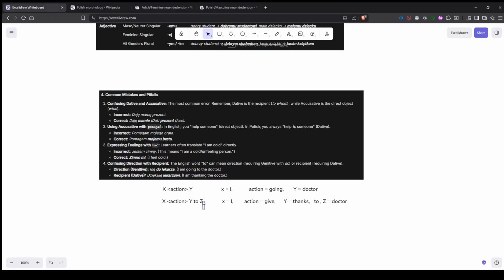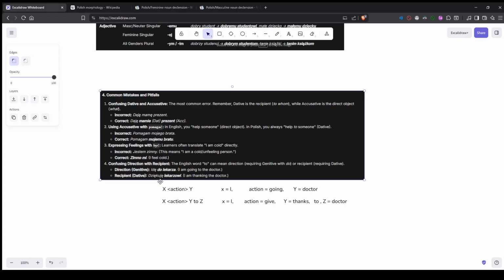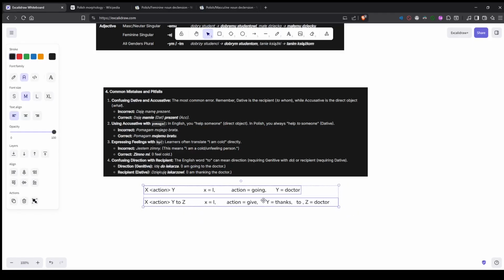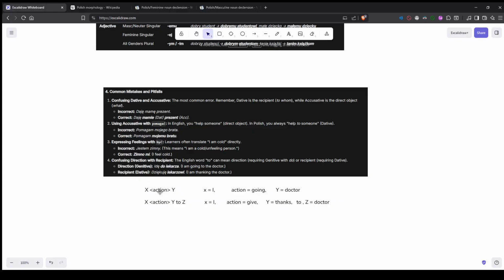That's why in this case it's "lekarzowi," because I am giving thanks to a doctor. But if you're just talking about direction, that you're going somewhere, it does not require a dative, because you're not performing the action for someone, you're not giving anything to anyone. It just means that you are going somewhere, okay? I am going to a doctor.